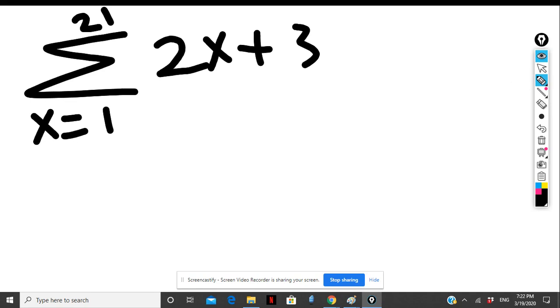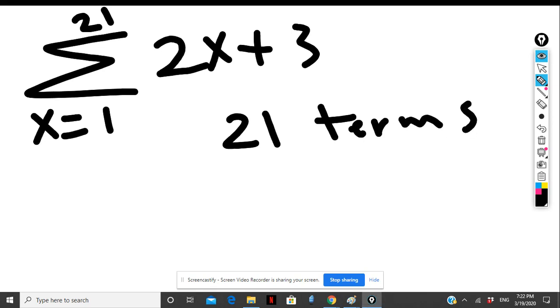Okay, again. So now, how many terms do I have in the sequence? I have 21 terms. How did I get that?